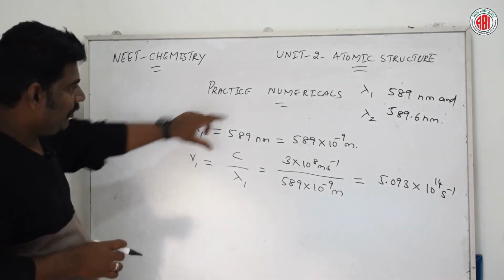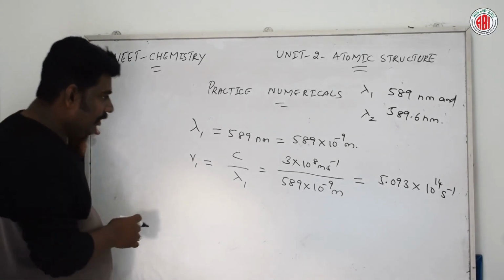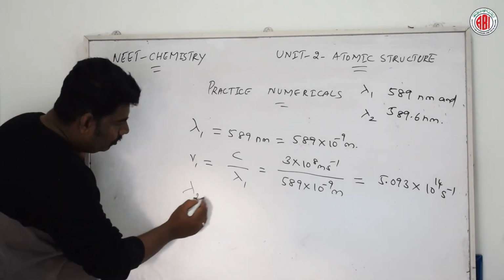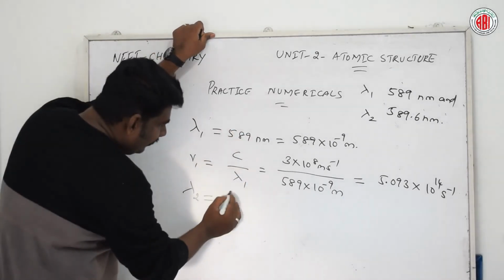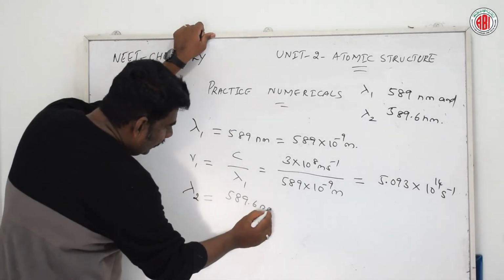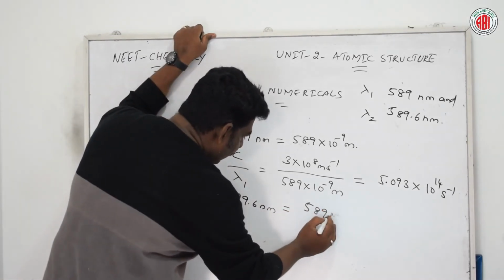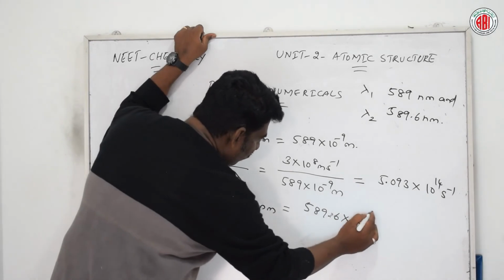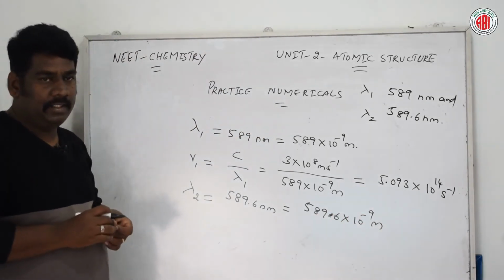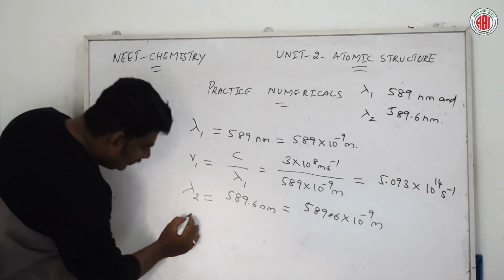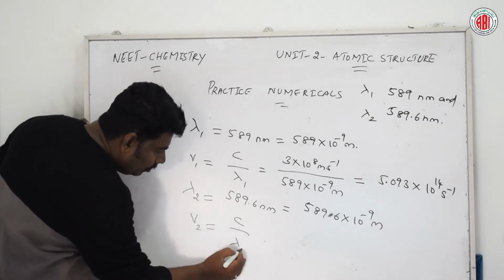In a similar way we should convert the second wavelength as well. Lambda 2 is given as 589.6 nanometer, convert this to 589.6 into 10 to the power of minus 9 meter. Again, frequency nu 2 is equal to C by lambda 2.